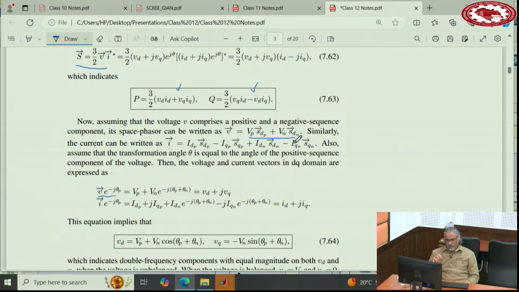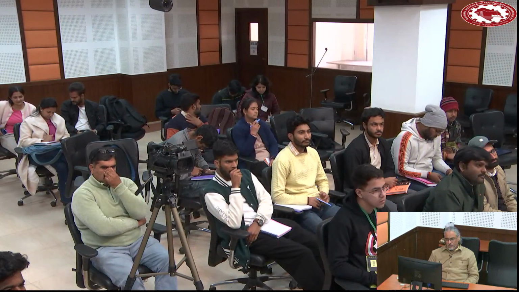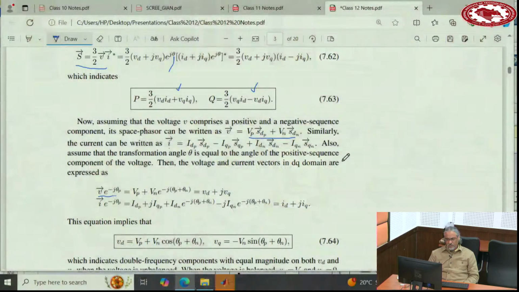But the common approach is this angle of transformation. What is this angle of transformation? So the common selection is this angle is the angle of the positive sequence of the grid voltage. So if the transformation angle theta is equal to the angle of the positive sequence, then the voltage and current vectors in dq become this one.